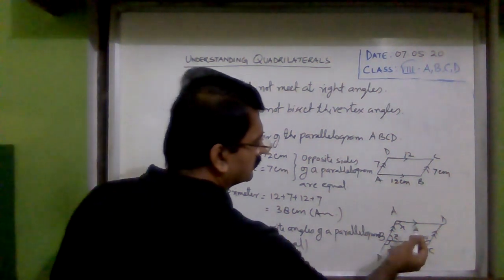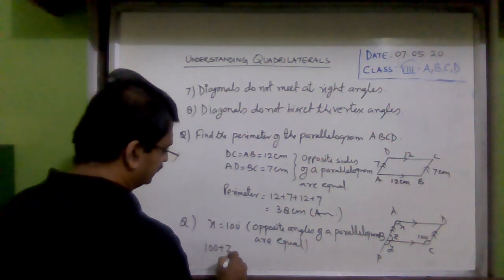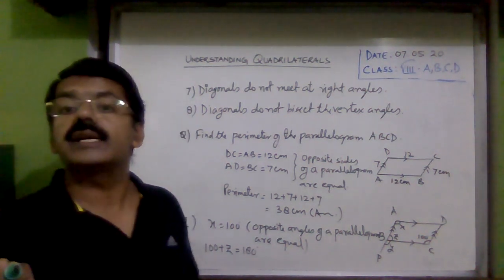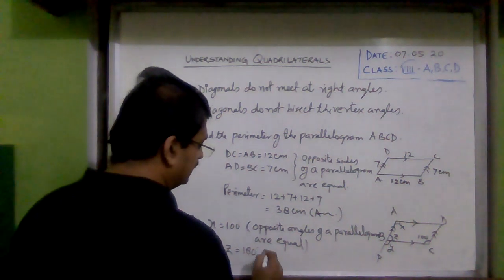Now 100 plus Z is equal to 180. What is the reason? Adjacent angles of a parallelogram are supplementary.